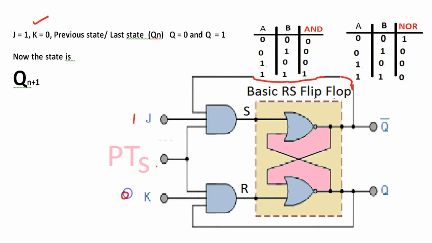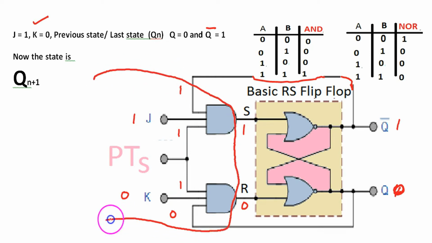J equals 1 and K equals 0. Let the previous state have Q equals 0, okay. 1 comes here, 1, 1 is 1, clock, 1, 0, this is 0. Right, for a fraction of a second it introduces its changes.